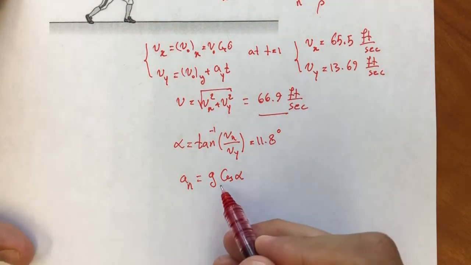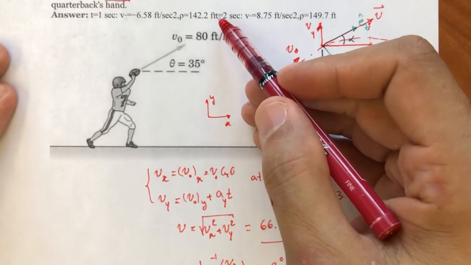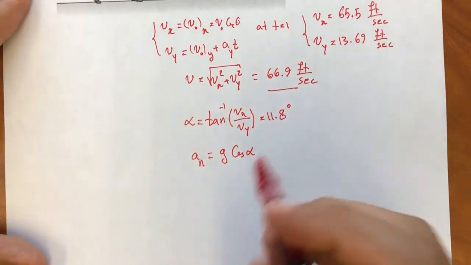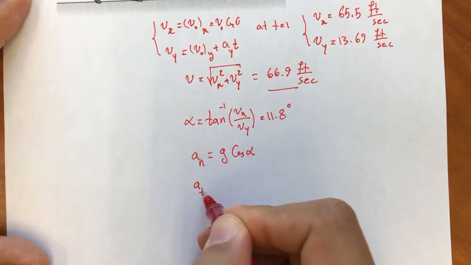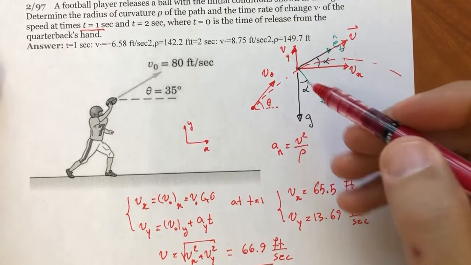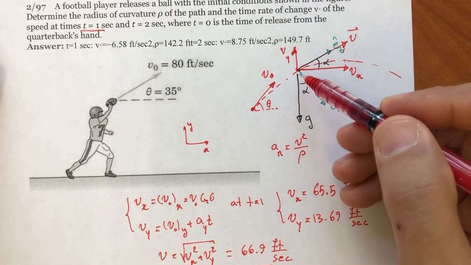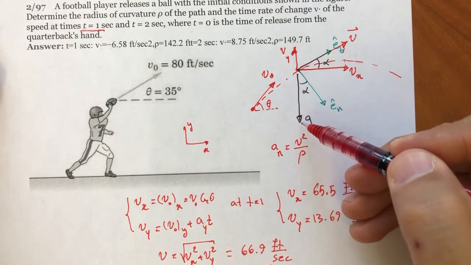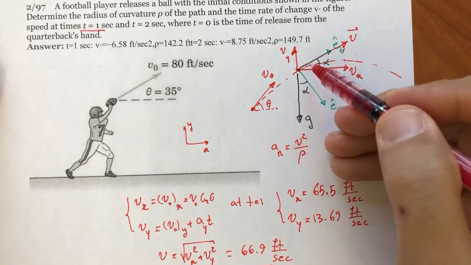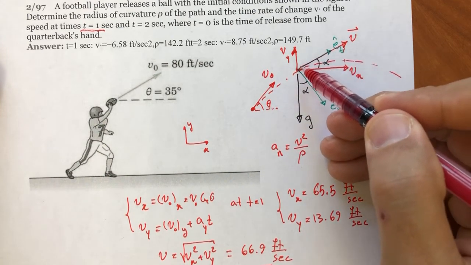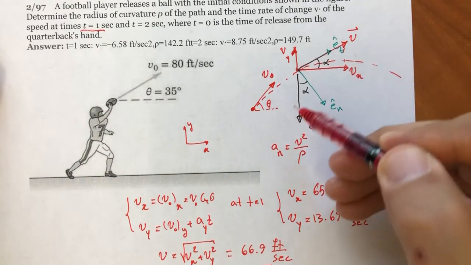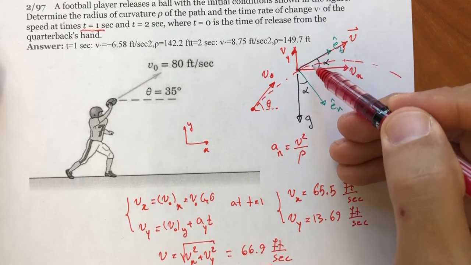And also the question is asking about v dot as well. V dot, we know it is acceleration in the tangential direction. So again, going back to this graph, the total acceleration is g downward. The component of this acceleration in the tangential direction, which is the positive of it, is going to be v dot, or at.